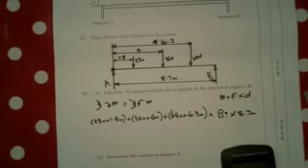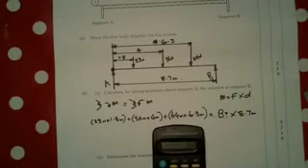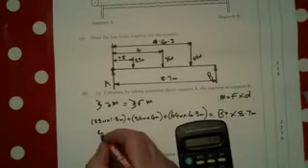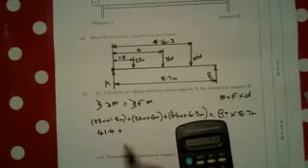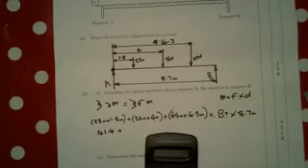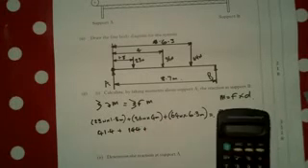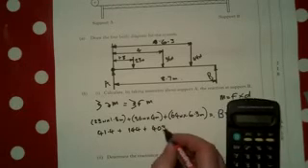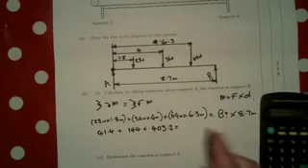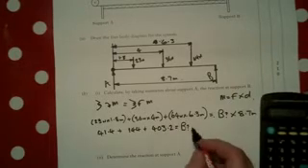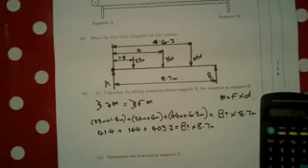Let's just work a few of these out. 23 times 1.8 is 41.4. 36 times 4 equals 144 plus 64 times 6.3, 403.2, all equal to the force at B, which is unknown, times 8.7 meters.